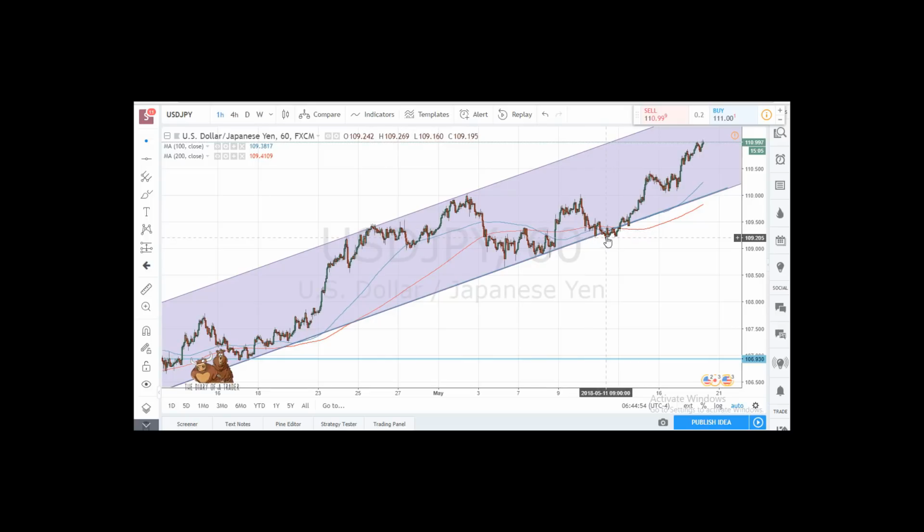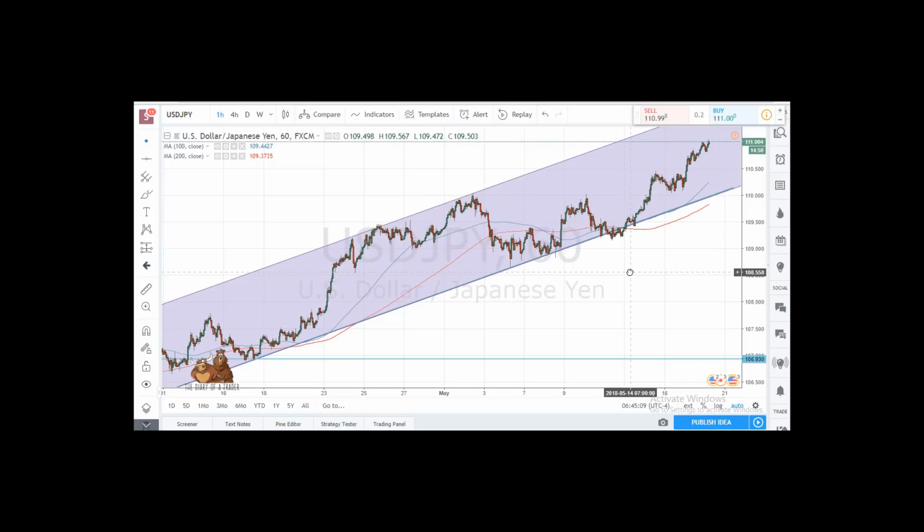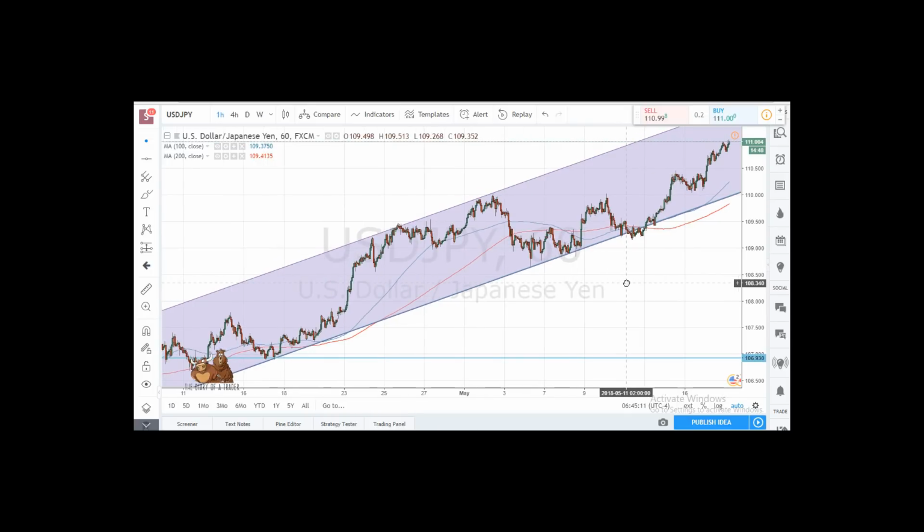So maybe here you could have been out, because the price is below the 100, below the 200 and below the channel by some 10 pips, but still in that case we are looking at 230 pips of take profit. So this is one of the more basic strategies to implement, not so hard. The most important thing is to ride the trend.